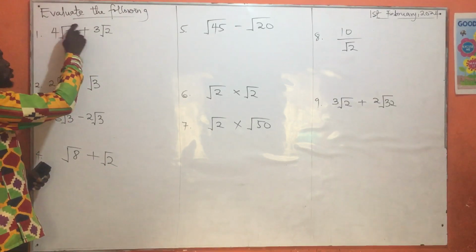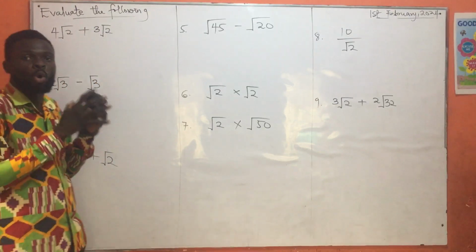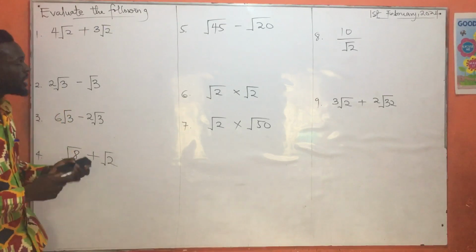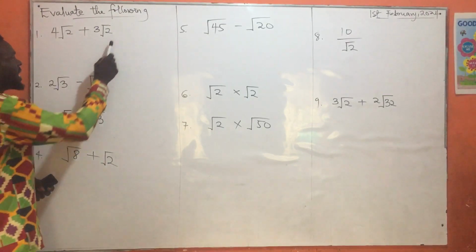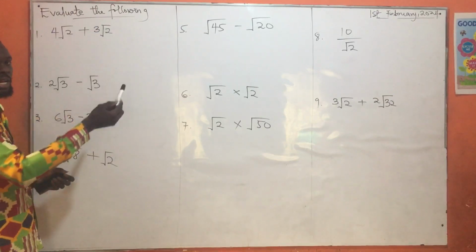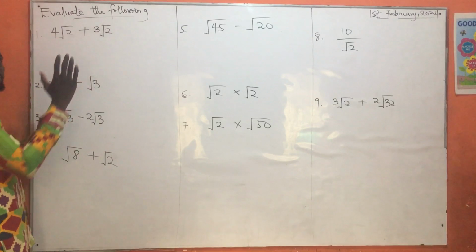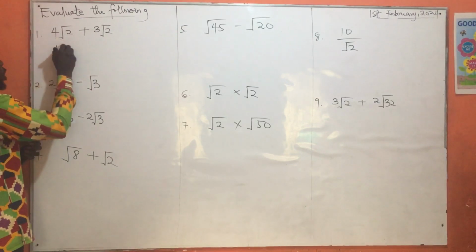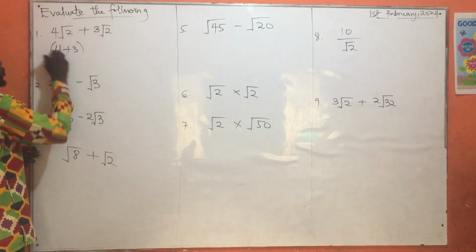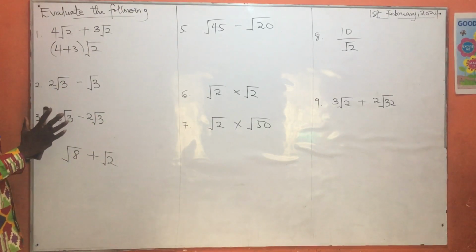Because we have root 2, root 2, we are going to add their coefficients. The coefficient here is 4 and the coefficient here is 3. Because they have the same root, it means we can add the coefficients. So we are going to add 4 plus 3, then we pick one surd as the whole surd for it.